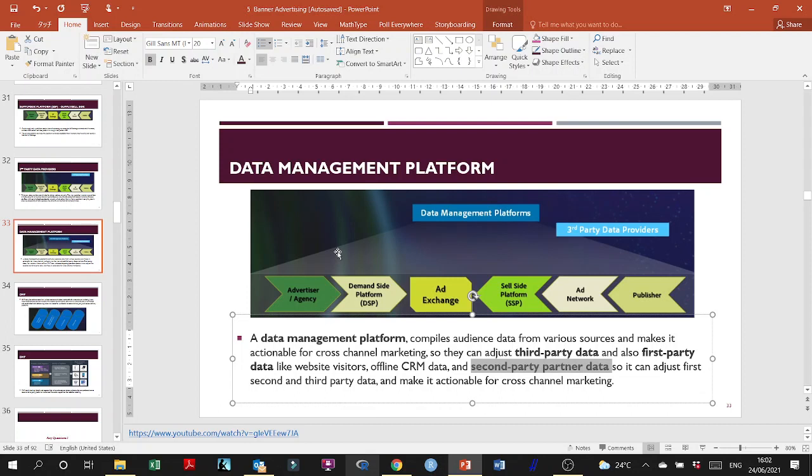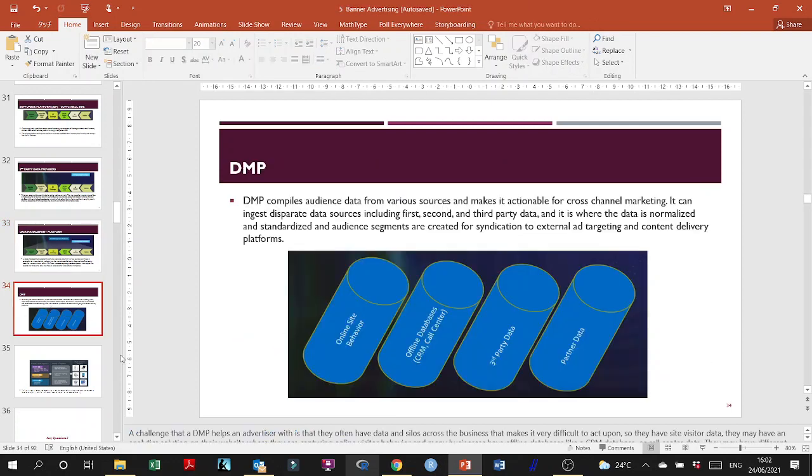So what's the first party data provider? What's the second party data provider, and so on? We talked about the DMP compiling audience data from various sources and making it actionable. So we have the online site behavior, the behavior of the audience and the visitors on an online site. This is the first party data provider.